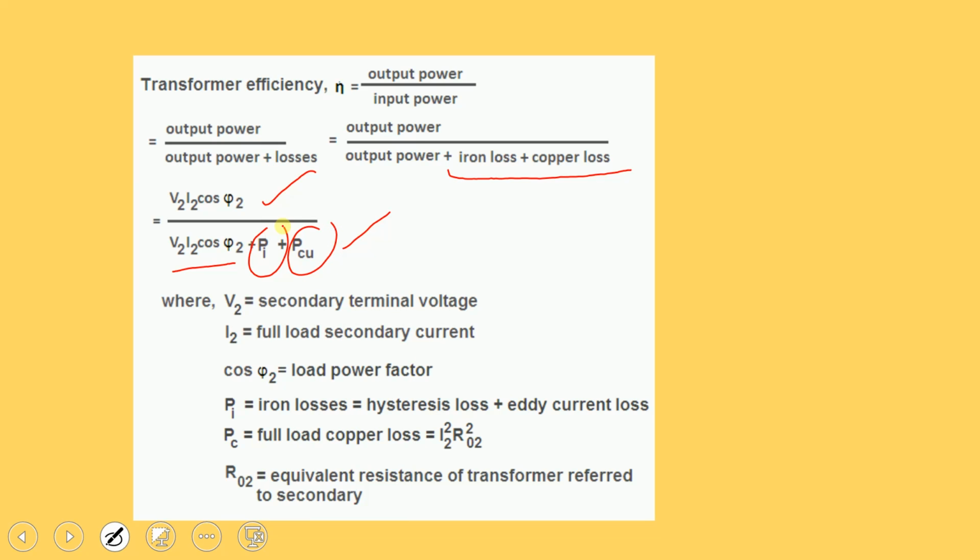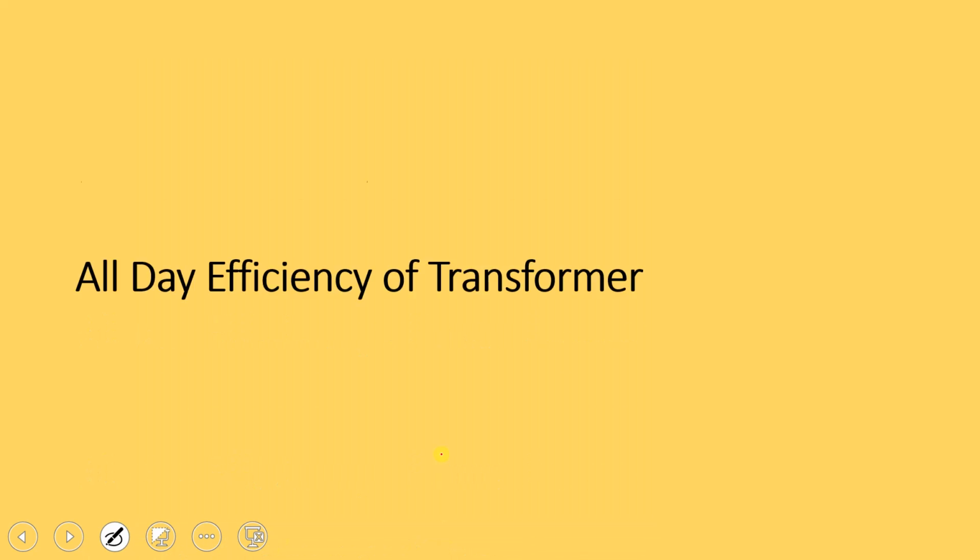V2 is the secondary terminal voltage, I2 is the full load secondary current, cos phi is the load power factor, Pi is the iron losses, which equals hysteresis losses plus eddy current losses, Pc is the copper losses, which is given by this formula, and R02 is the equivalent resistance of the transformer referred to the secondary. So these are the values which we are using.